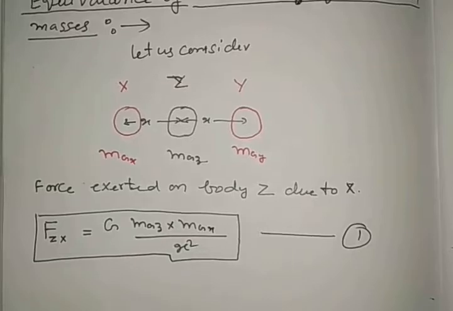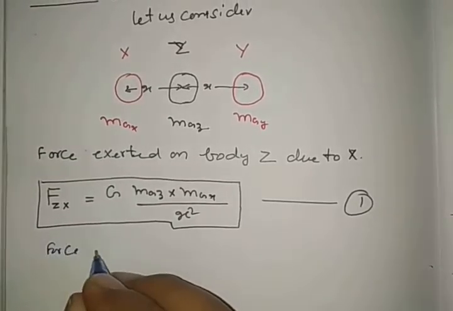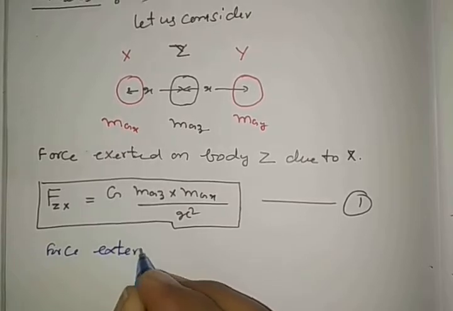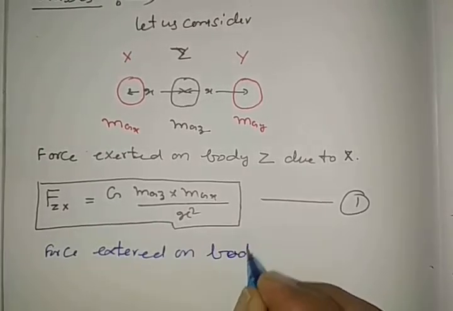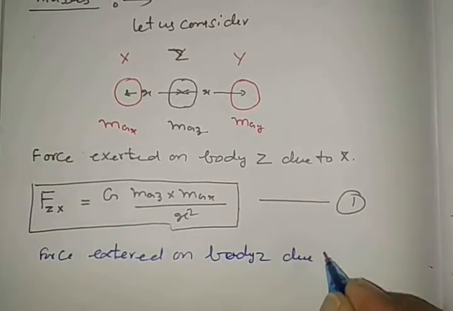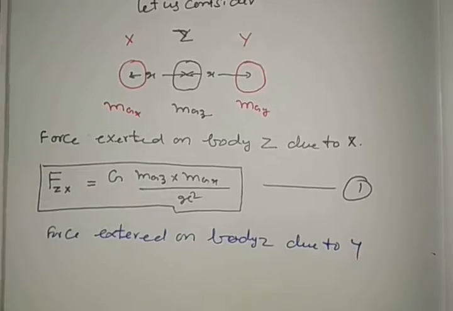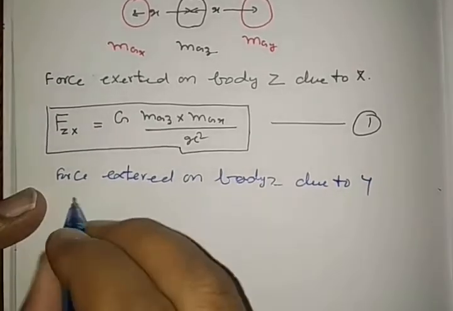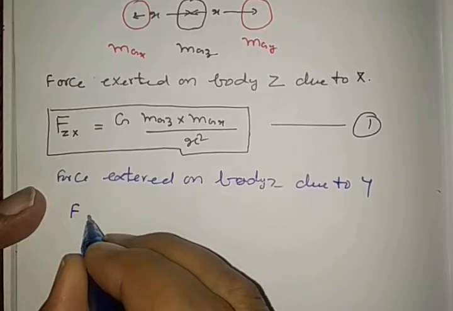Similarly, we are going to obtain the force exerted on body Z due to body Y. This is a gravitational force, and this is also obtained by the universal gravitation formula.